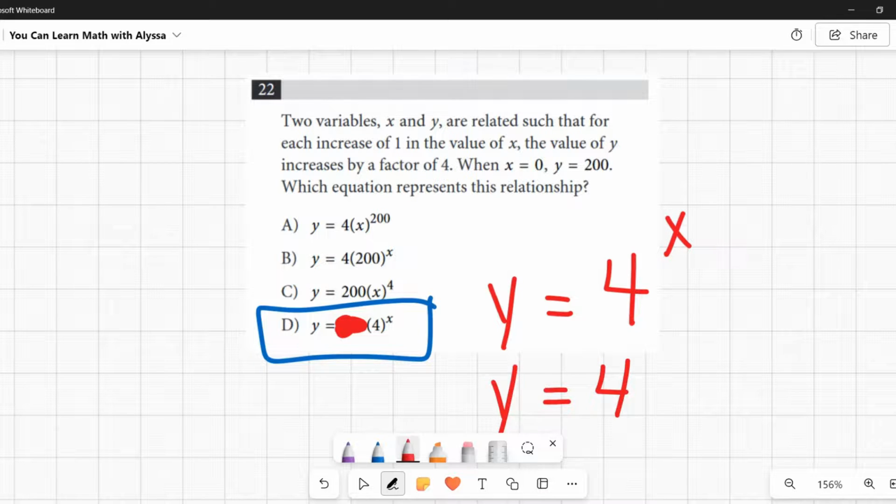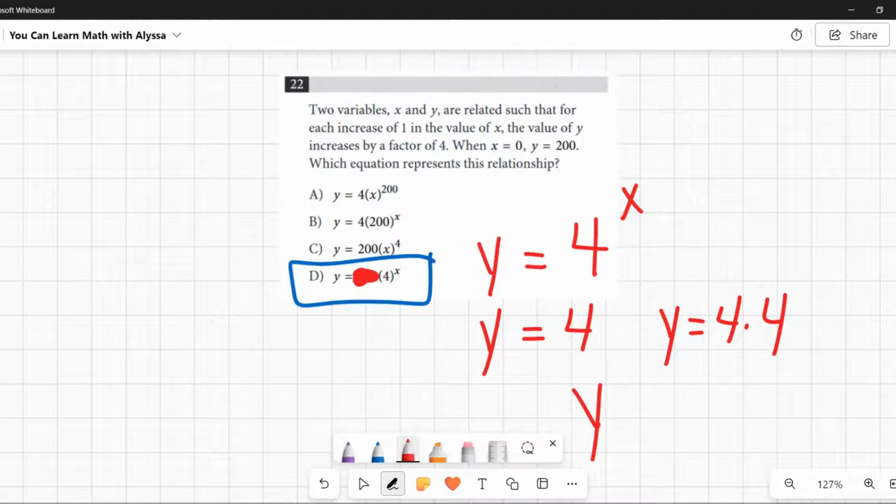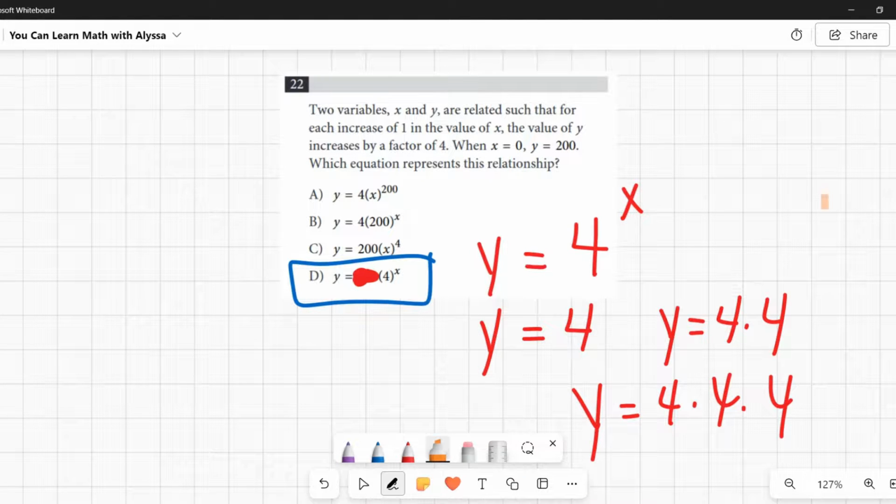What happens when x is 2? y is equal to 4 times 4, 4 squared. What happens when x is 3? y is equal to 4 times 4 times 4, 4 to the power of 3. So every time x goes up by 1, y is going up by a factor of 4. It's being multiplied by 4 one more time. That is not present in any of these other ones.